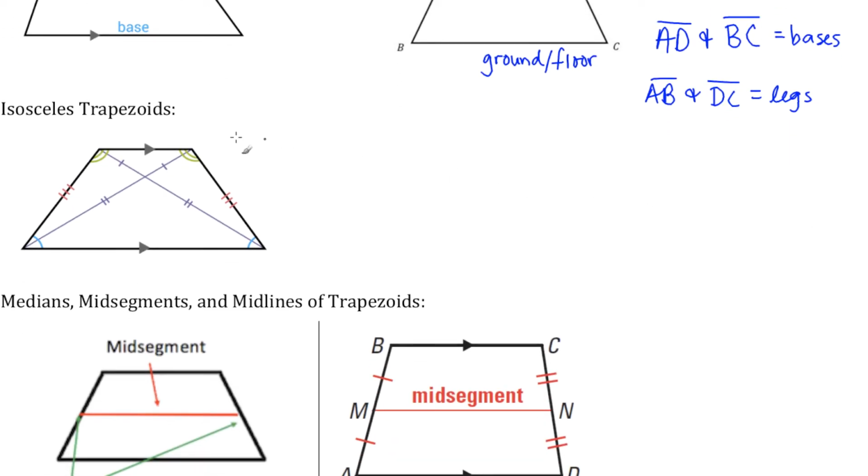So, isosceles trapezoids. Let's label this A, B, C, D. Isosceles trapezoids are ones where, when the leg meets the base, we have 2 pairs of congruent angles.